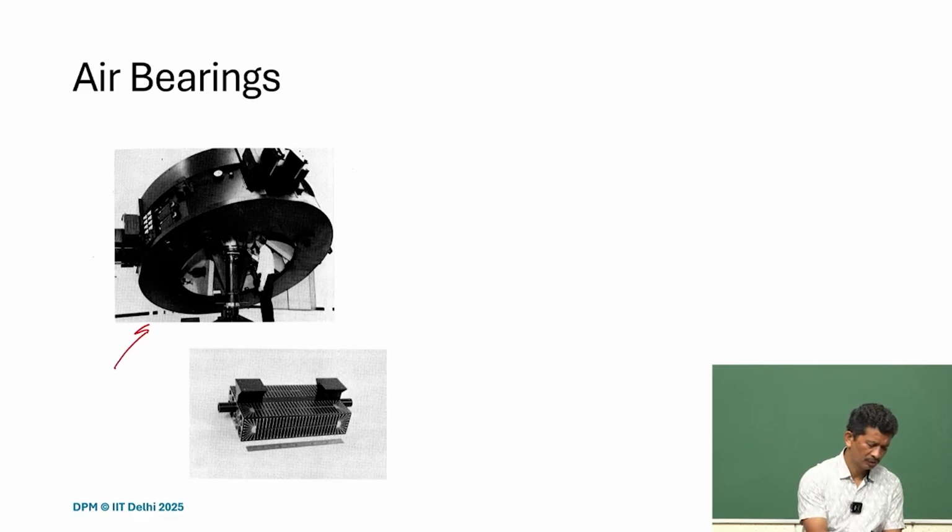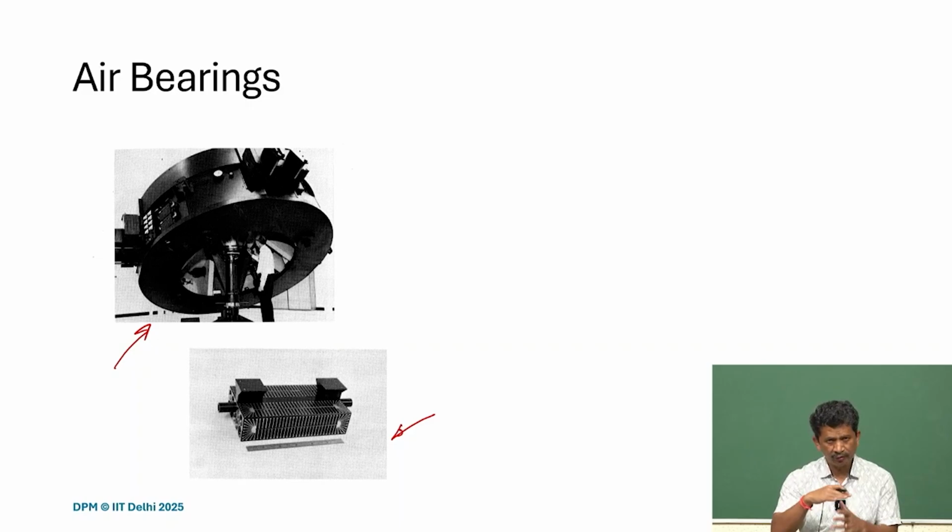If you look at this, this is a humongous and very big system, but it is on air bearings, and it was developed mainly to characterize the Apollo spacecraft for the Apollo mission. What you see here is just a granite block, but the groove pattern is scratched and made on the surface, and you can see that air can be fed through these channels, develop the pressure and it can glide.